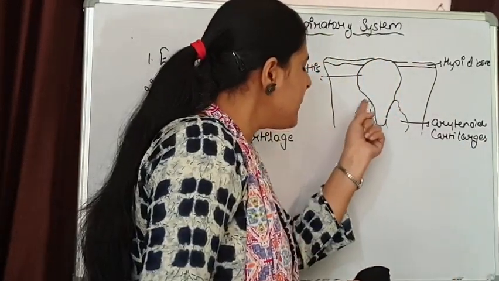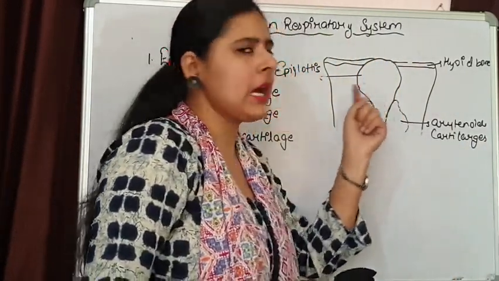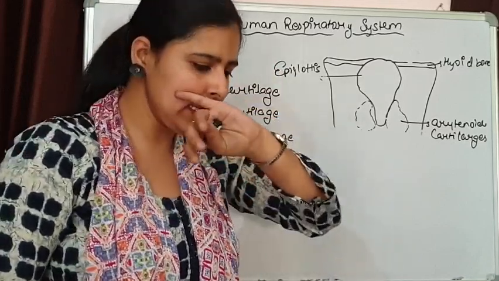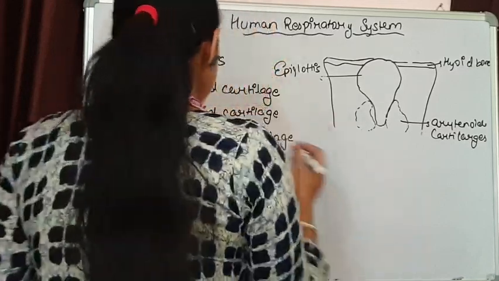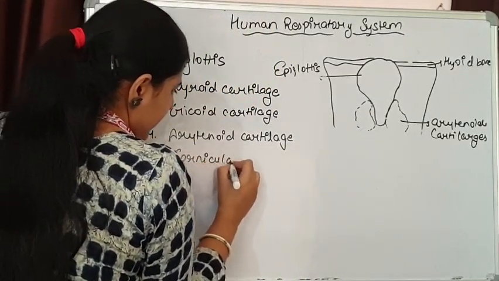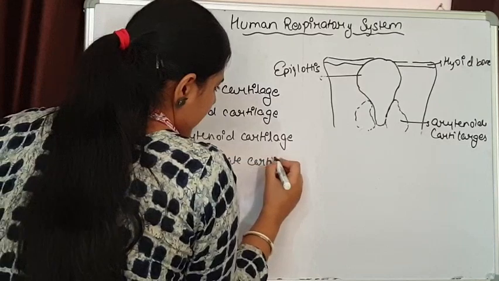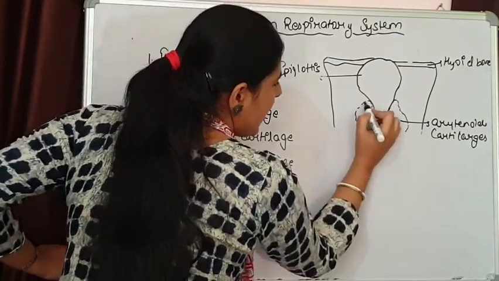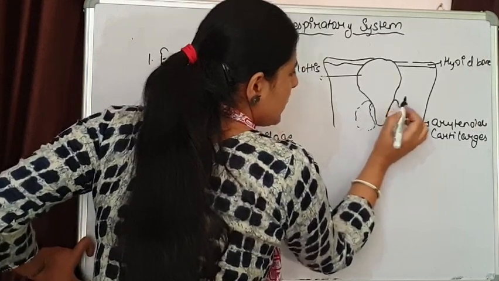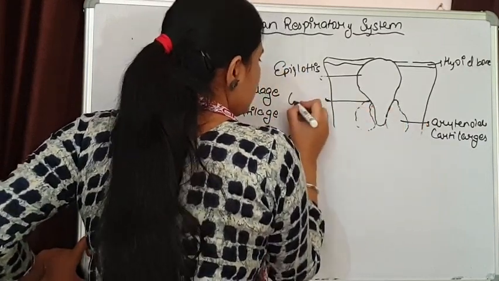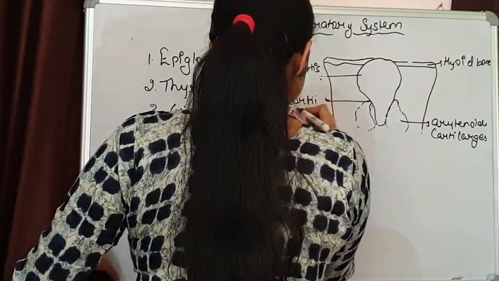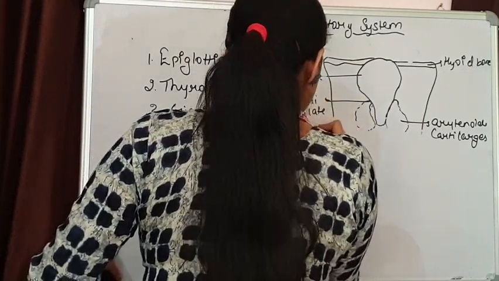On the upper portions of these arytenoid cartilages, again two very small cartilages are present, and they are known as corniculate cartilages. These corniculate cartilages are lying just at the tip of the arytenoid cartilage. So this is the corniculate cartilage.